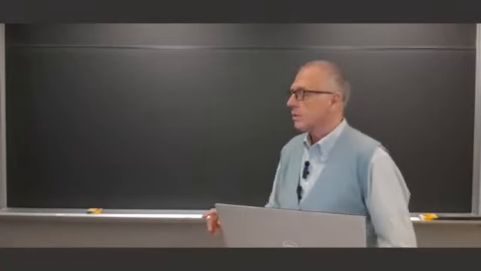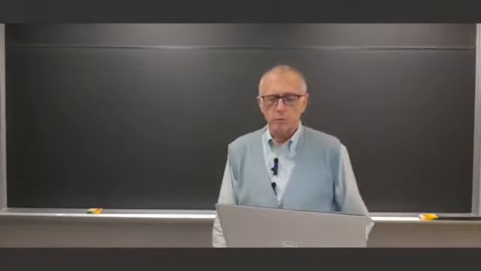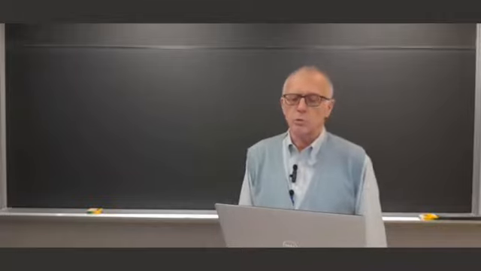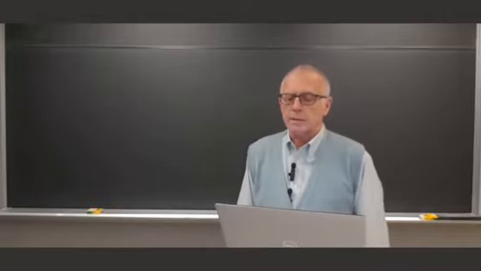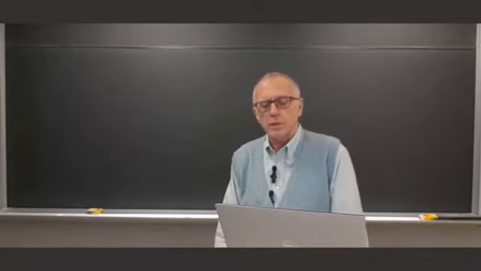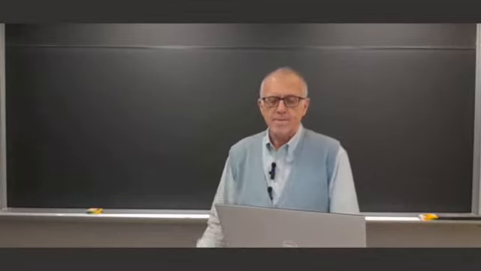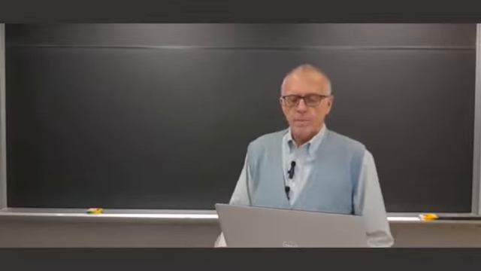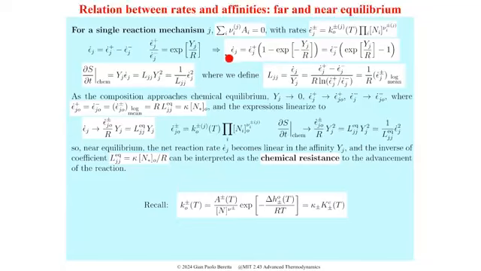This is important because in a moment we will see that you may want to construct other relations between rates and affinities. You can also do the following. You can divide the reaction rate by the affinity of that reaction.